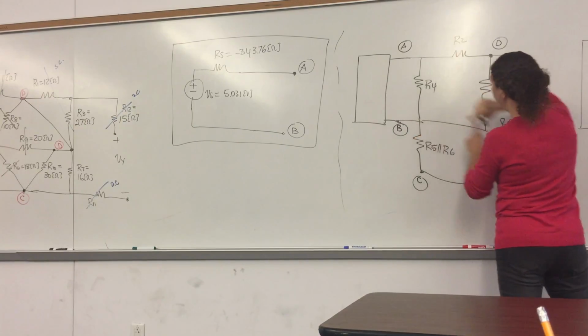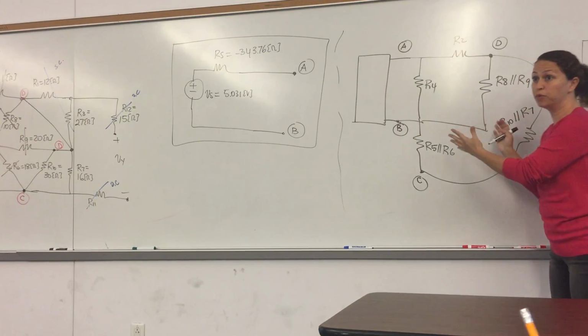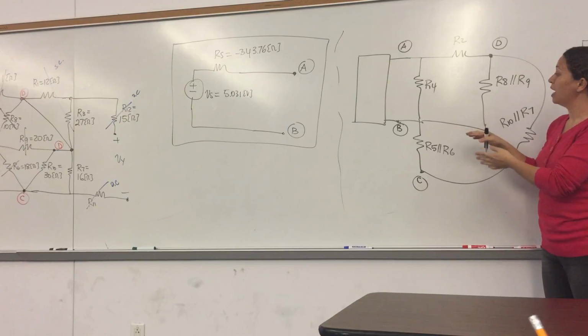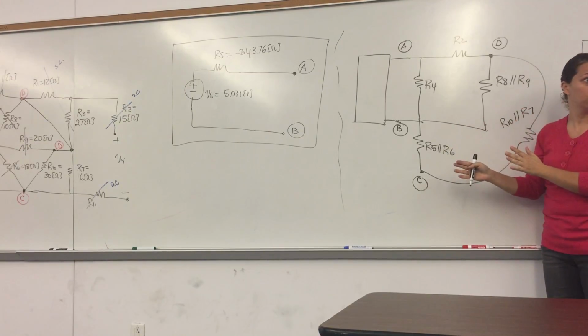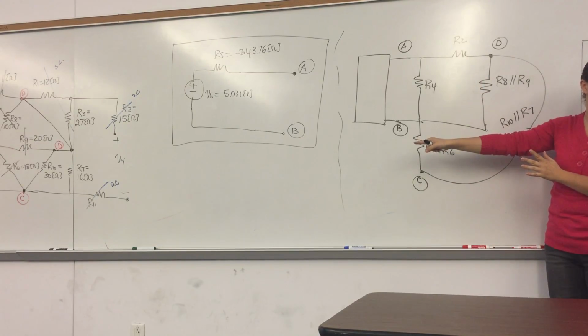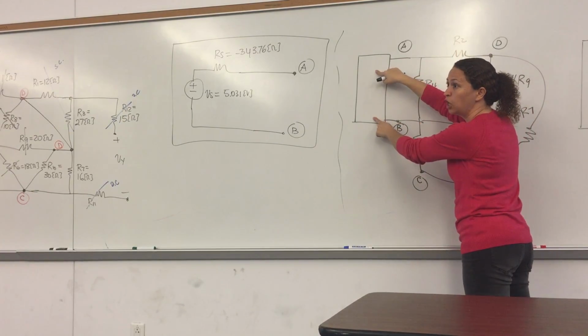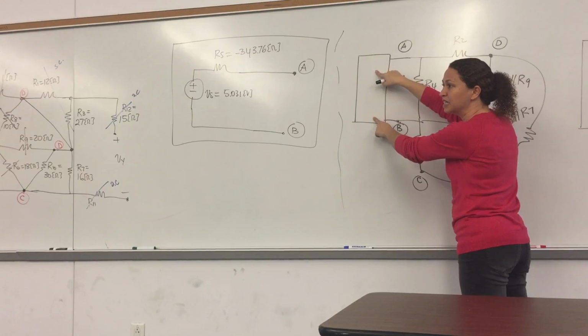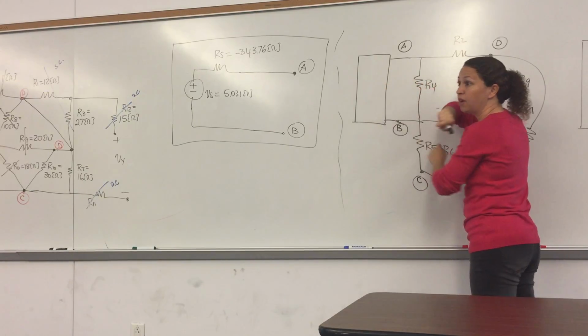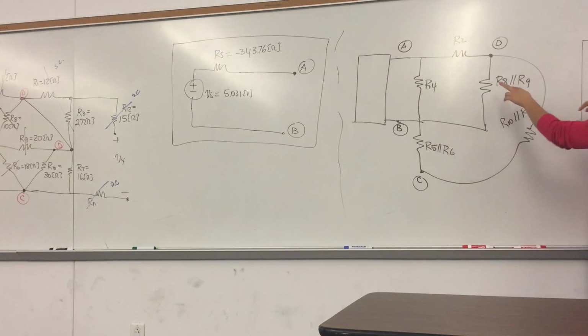I want to keep A to B, because A and B is where I'm looking at the device. So we're actually looking for the equivalent resistance seen by that device. That's another way of saying that. I'm going to put my R4, and I'm not going to touch that yet. What else do I have? Let's combine a couple of steps together. Let's put R2 also.